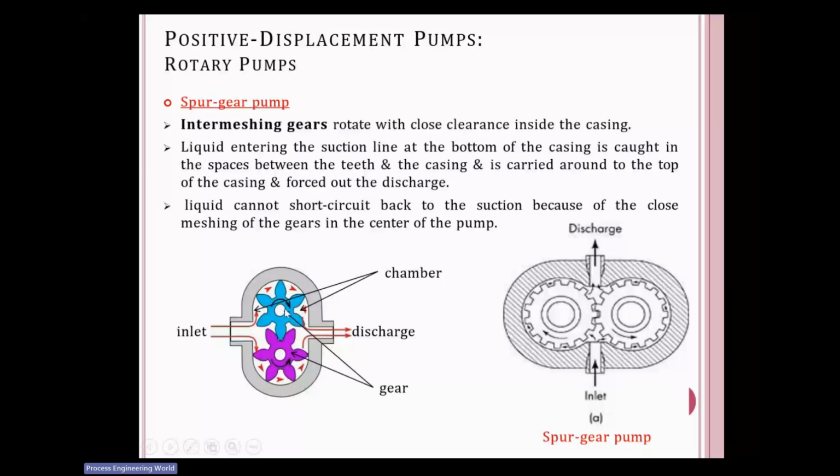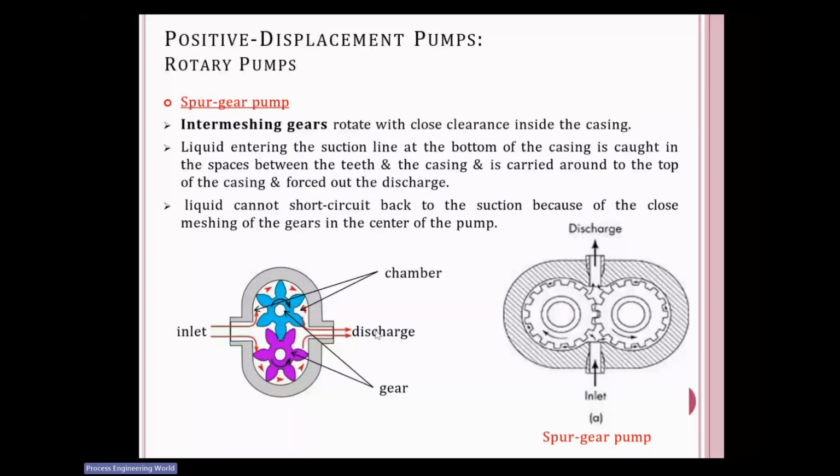And when it is vertically aligned, you have an inlet point here and the discharge point is here. Liquid entering the suction line at the bottom of the casing is caught in the spaces between the teeth and the casing. It is carried around to the top of the casing and forced out the discharge. So this is how the spur gear pumps work.